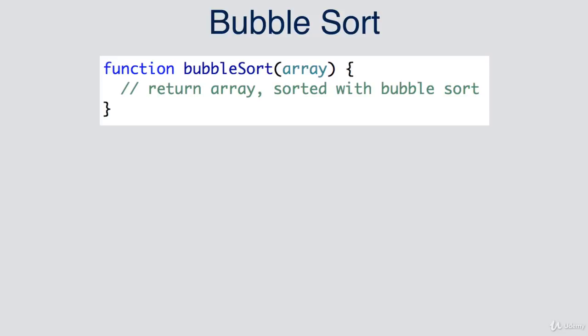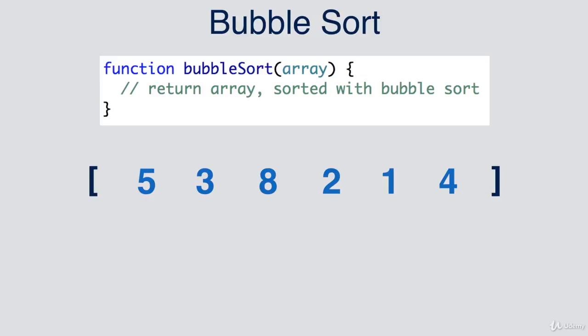Let's look at a sample array and go over an example of how bubble sort works. We will use an array that contains the numbers 5, 3, 8, 2, 1, and 4. Bubble sort works by starting at the beginning of the array and looping through the whole thing.